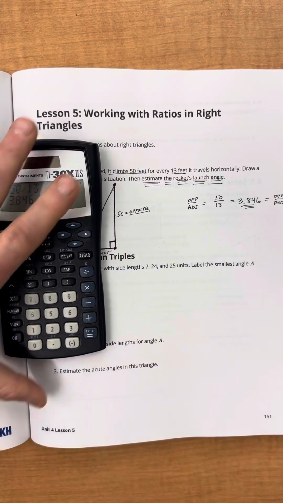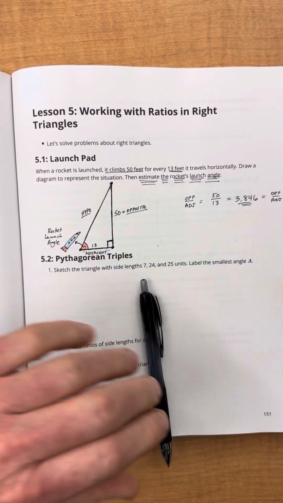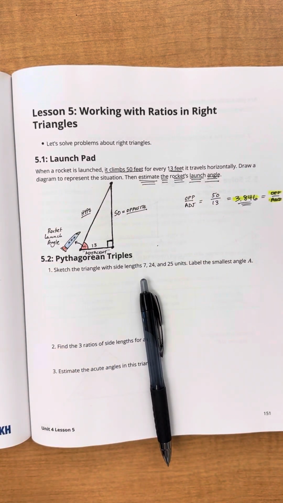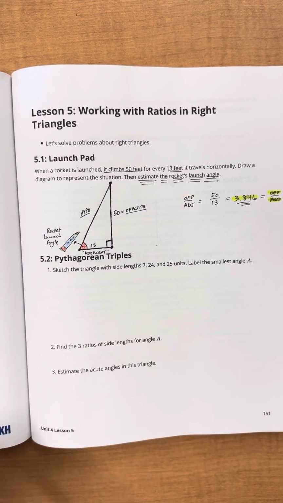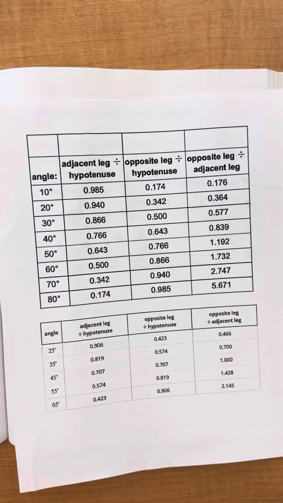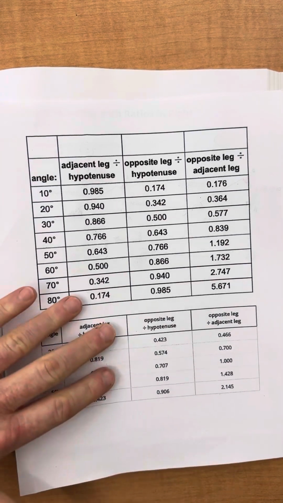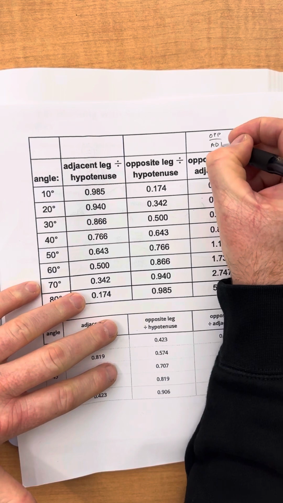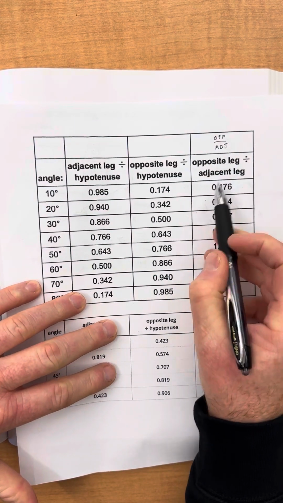Now, once you get this number for opposite over adjacent, you can then use your table. Now, this is opposite over adjacent. Opposite divided by adjacent.